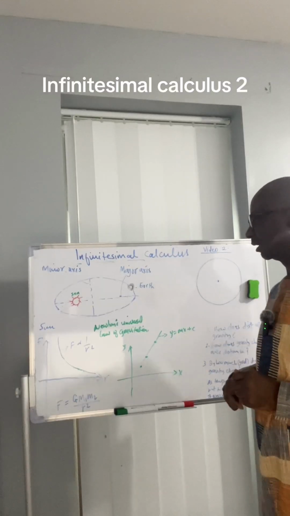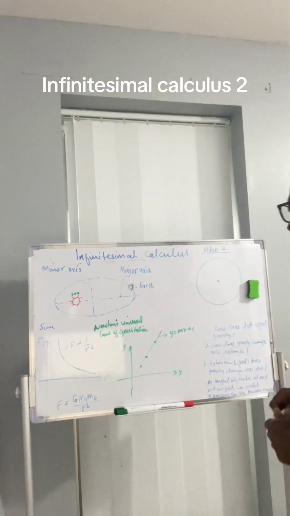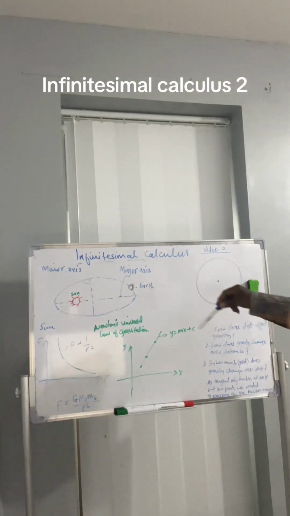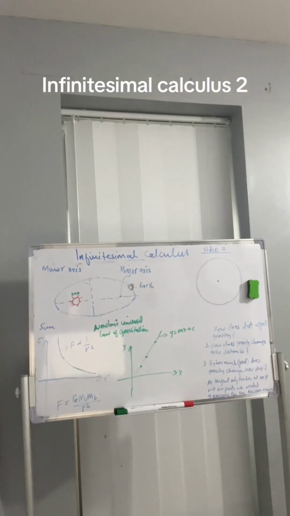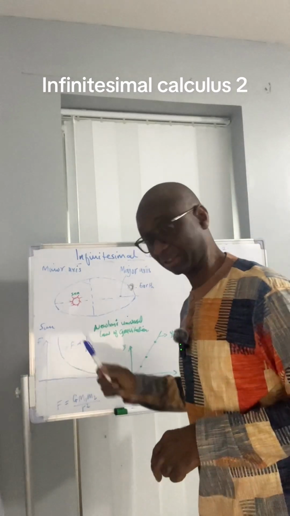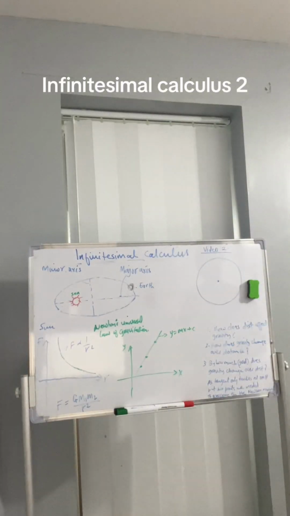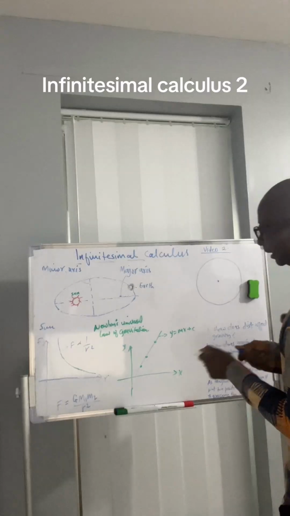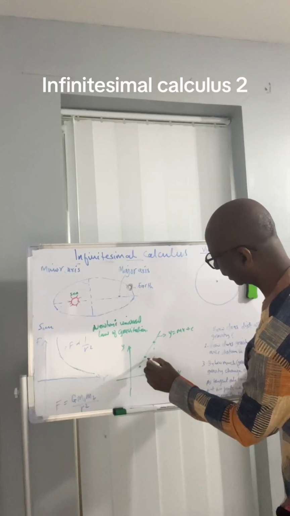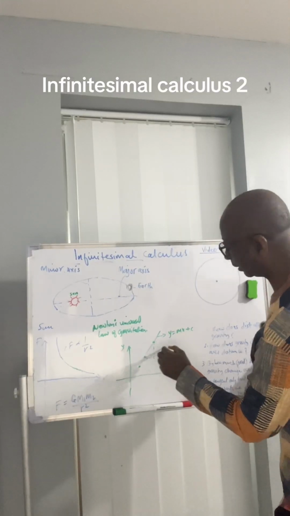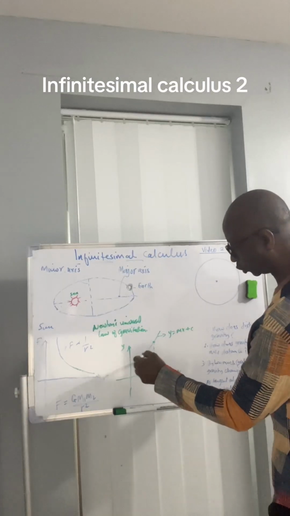So here, if you want to measure the steepness, that is the gradient of this graph, because we are looking at gradients now, but we shall come to that. If you take any 2 points, this point and this point here, you calculate the gradient between these 2 points.